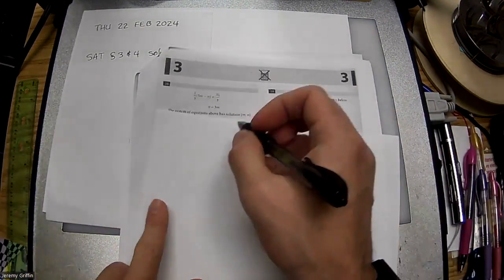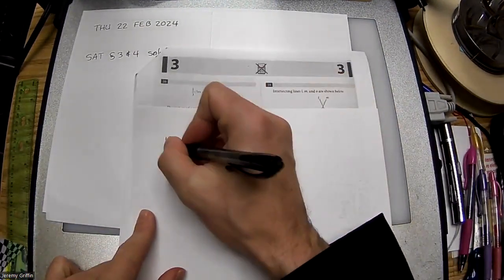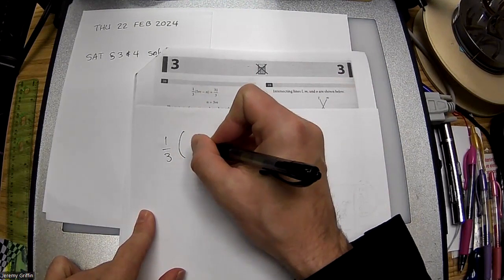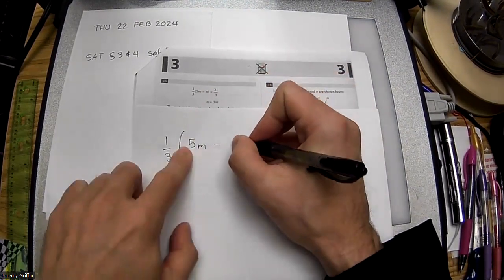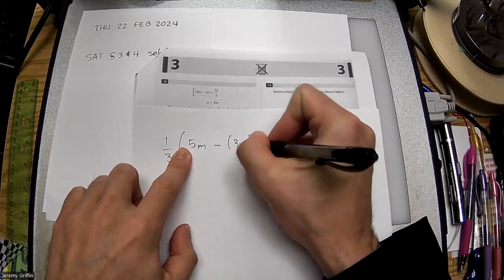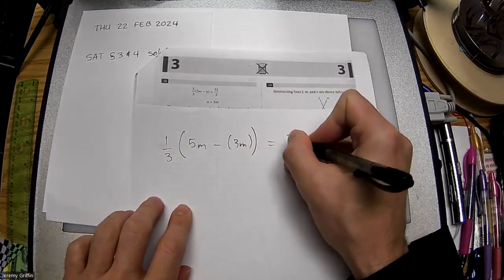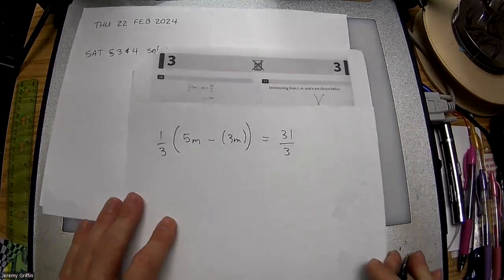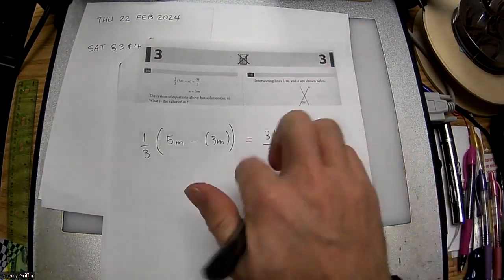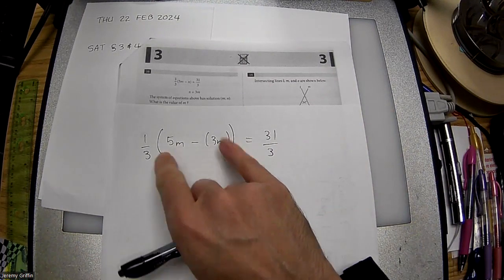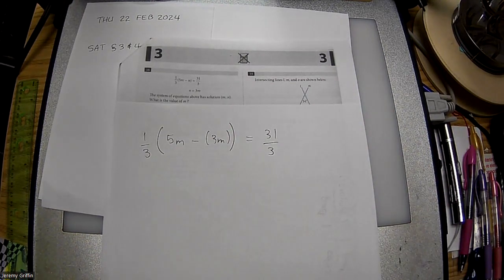I'm going to solve this by substitution. 1/3 of 5m minus, and instead of n, I'll just call it 3m. Got a substitution right there. Equals 31 1/3. Good so far with that setup. Notice that I did the substitution in such a way that I can solve for m. I substituted out the n. You guys get that?